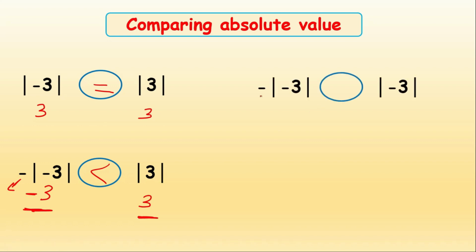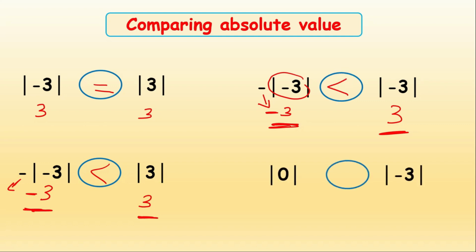Okay, negative absolute negative 3 equals what? We agreed that absolute negative 3 equals 3 and also we have a negative. And absolute 3 also equals 3, so negative 3 and positive 3, so the positive must be the greatest one.